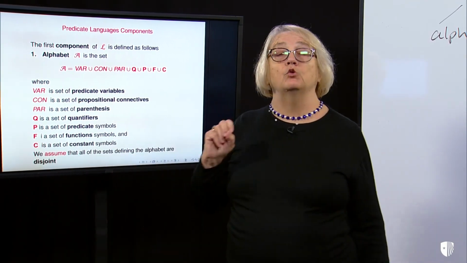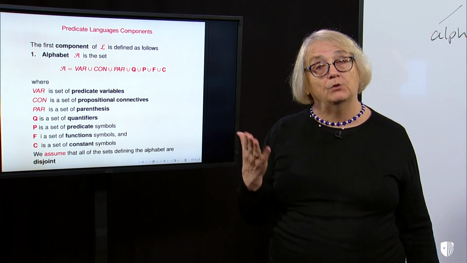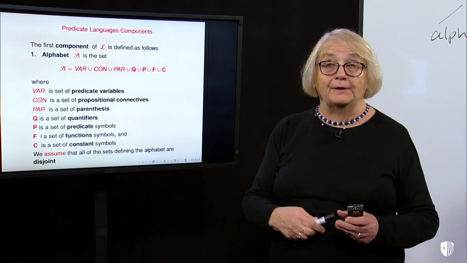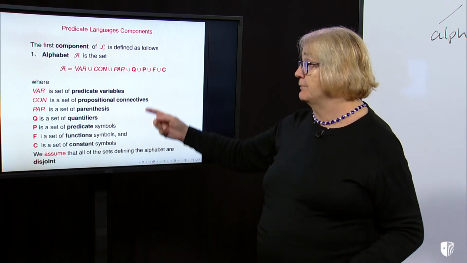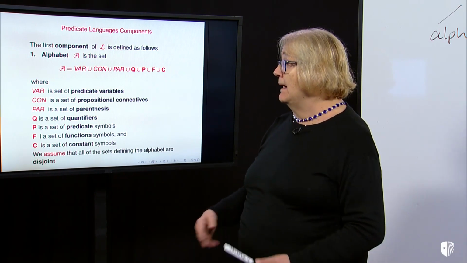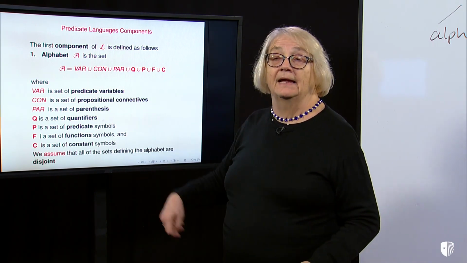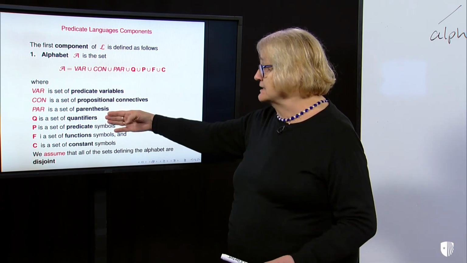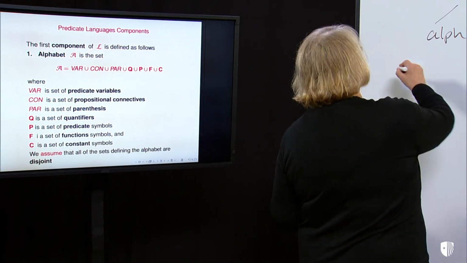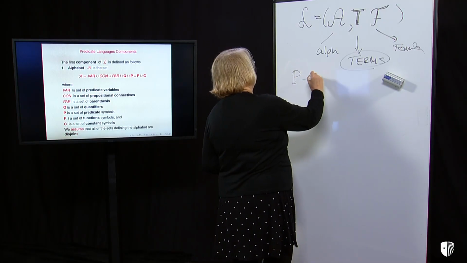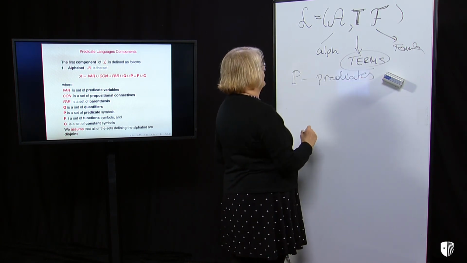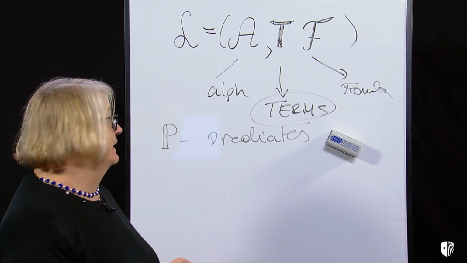Now, the variables are called predicate variables, and we will denote them in a different way. Propositional connectives. So really, in the language, we'll have all propositional connectives. We have parentheses as before. And now we have quantifiers. And we have special sets, P, predicates. So there are new elements of the alphabet.